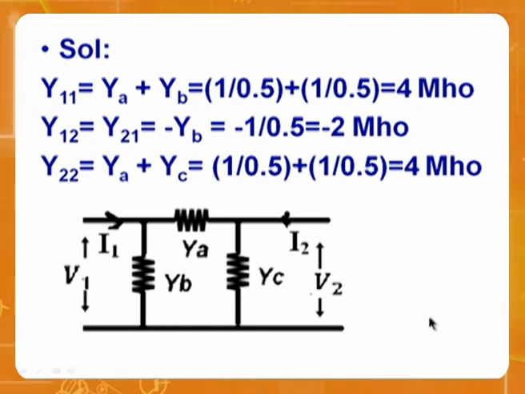If you really apply these equations directly, like I have done in the theoretical class, this is minus I1, V1 into YB, V1 minus V2 into YA. So if you take the I1 equation, with V1 and V2 common, you will get YA plus YB here, minus YB here.